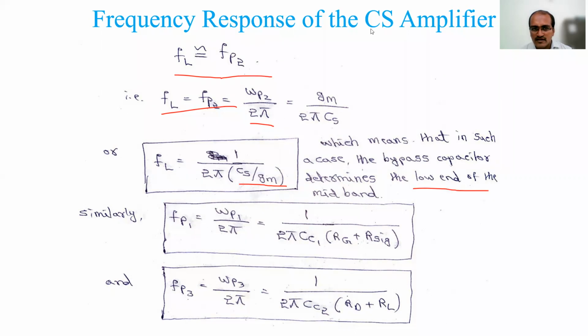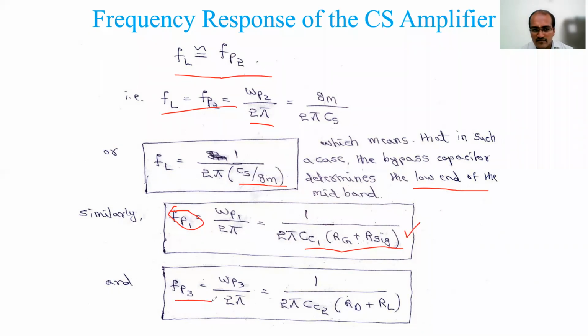What are the other two frequencies, FP1 and FP3? Again, they will be got from WP1 by 2 pi, so we include that 1 by 2 pi. What was WP1? It is 1 by CC1 into (RG plus R signal). So this is your FP1. In calculations, they will ask you for FP1, FP2 and so on.